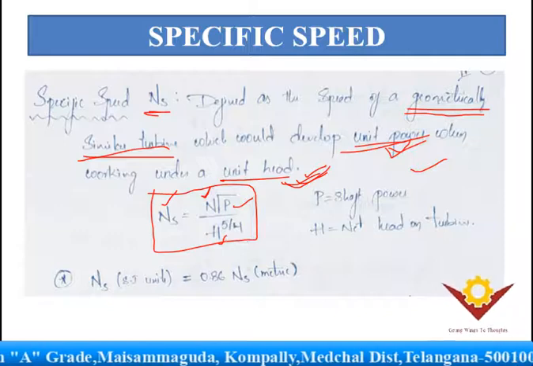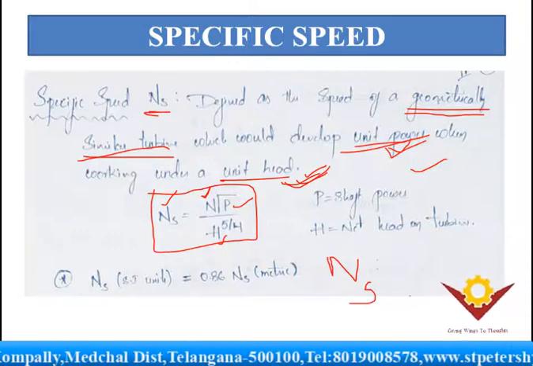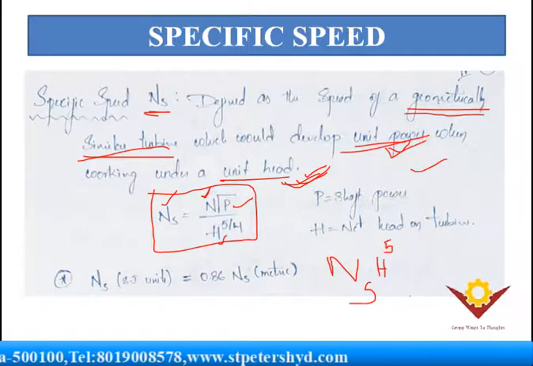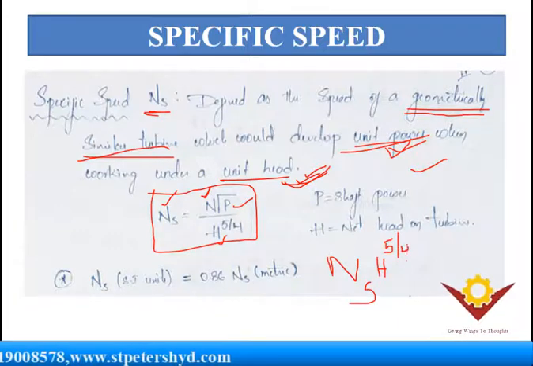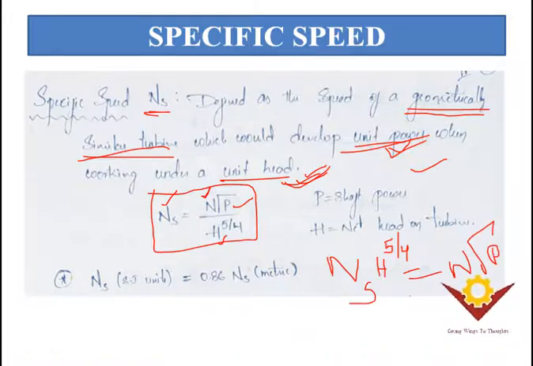Okay, and now if you replace this, what you're going to get is ns times H to the power of 5 divided by 4 equals N into square root of P. So now what I want to say is, if you know the unit head and the specific speed which you are taking by geometrical way, you can find the actual speed of your actual turbines. So in this way you can find it.